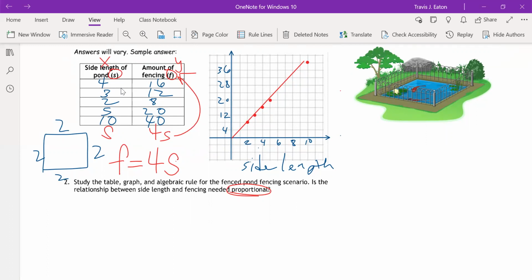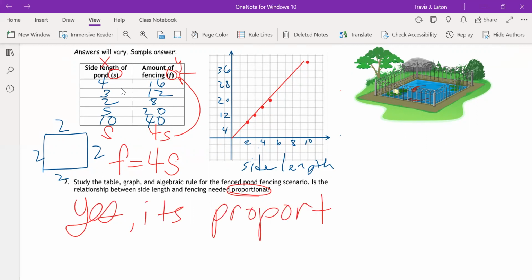Now, hopefully, when you're looking at this, you're going, yeah, it is definitely proportional. And even better than that, you'll be able to tell me why for several different reasons, right? How do we know it's proportional?